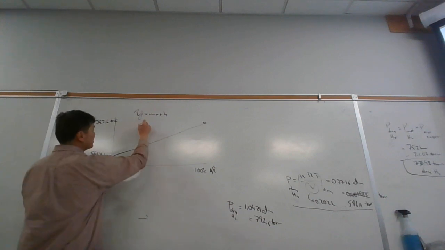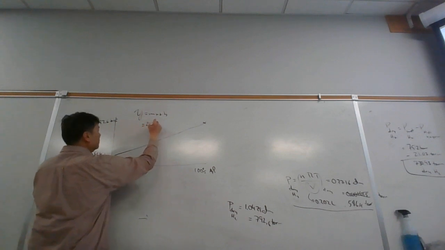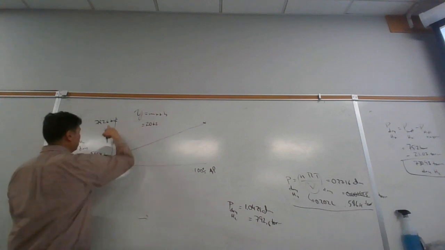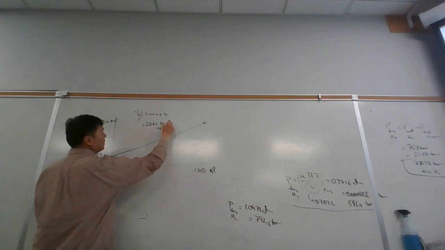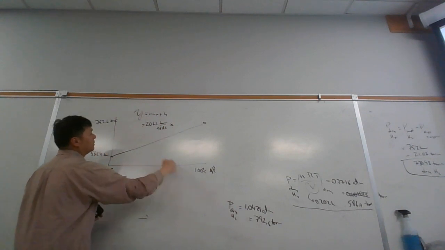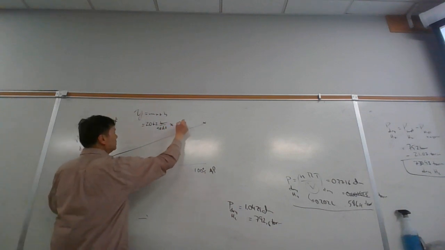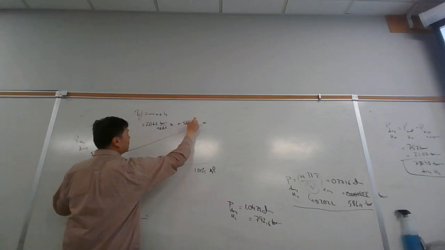It's 2.06, so the slope is 2.062, and the units will be torr per percent aluminum, times x, which is percent aluminum, plus b, which is 586.4 torr.